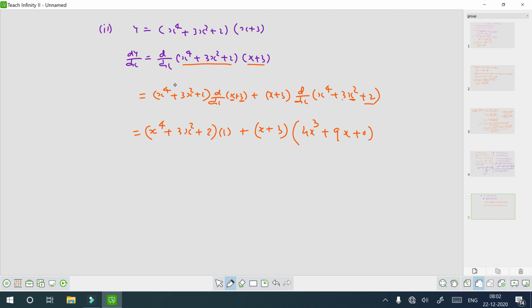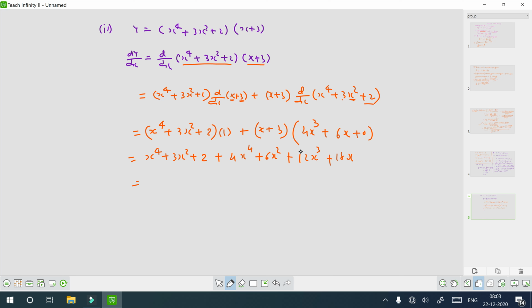So 6x, not 9x. Clear? 6x. Now that is equal to x raised to 4 plus 3x square plus 2 multiplied by x cube. 4x raised to 4, 6x square, 12x cube plus 18x.